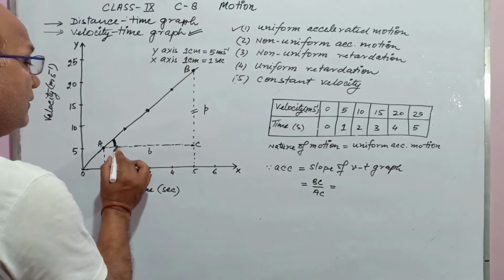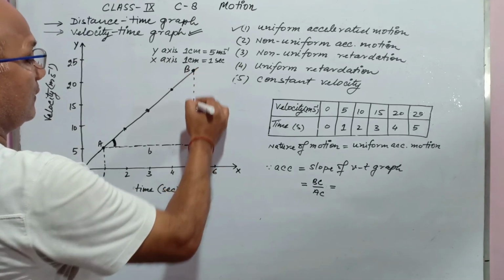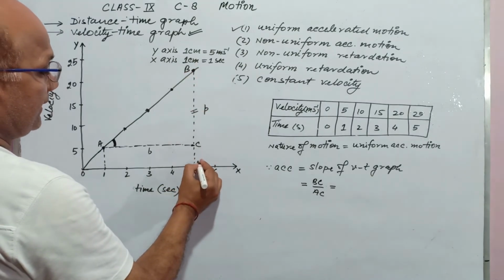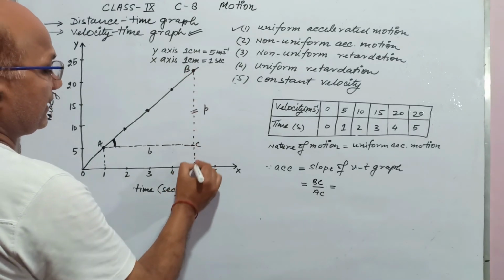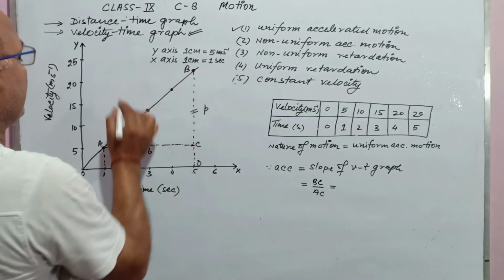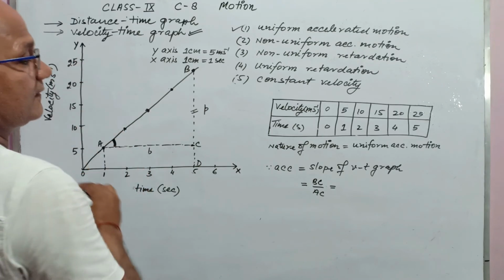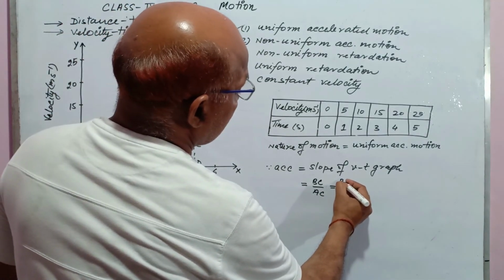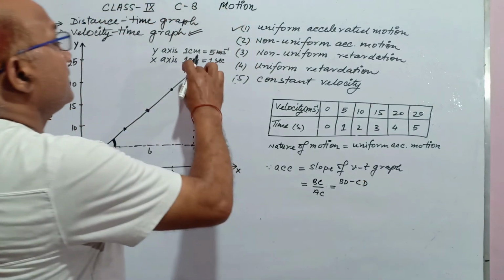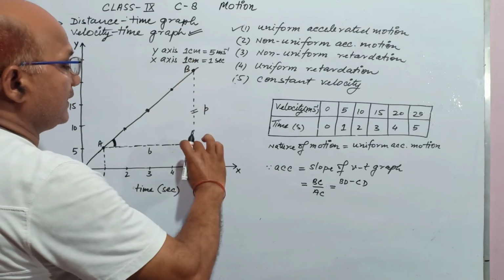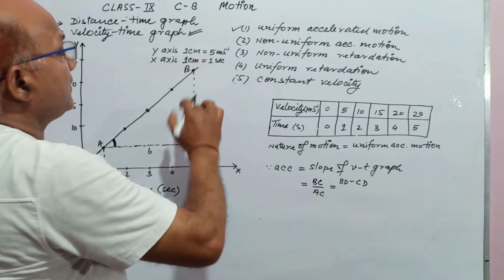So now we will put in the values. BC we can write as BD minus CD, where D is this point. BD is the whole, and when CD is subtracted from the whole, we get the value of BC.